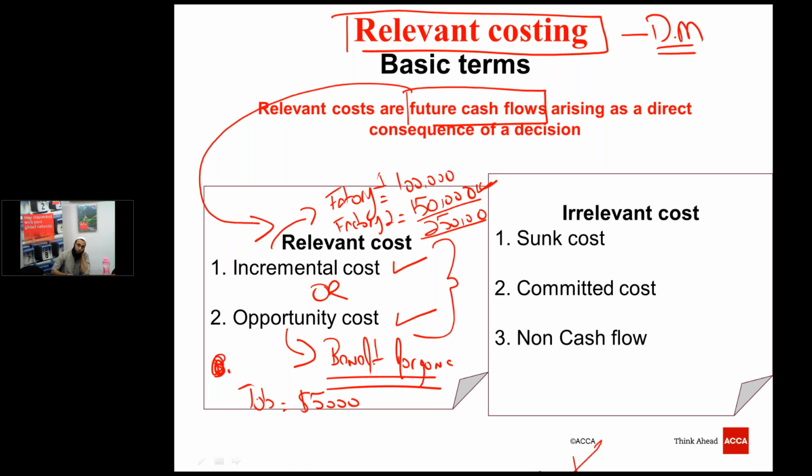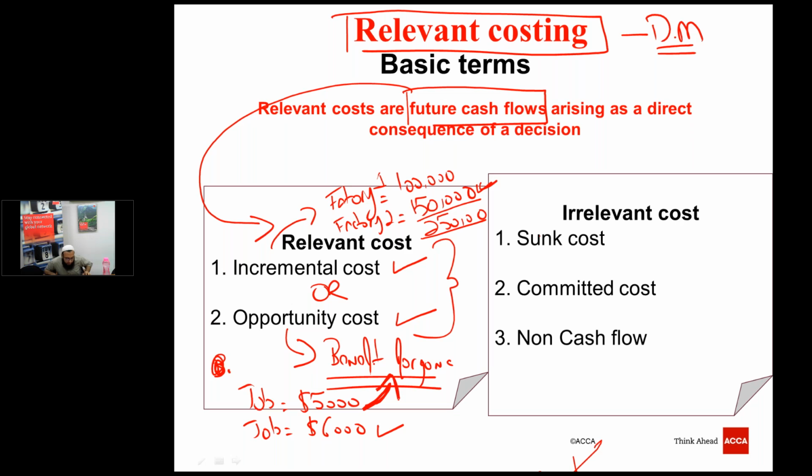Now you got a new job offer of, for example, $6,000. The decision you will take will be to go for job 2. So what you are leaving, what benefit you are foregoing, is job 1, $5,000. And that job 1, $5,000 is opportunity cost, the cost of benefit foregone.